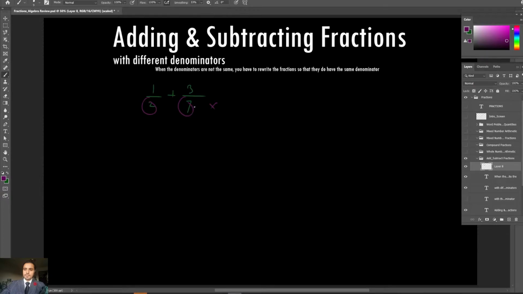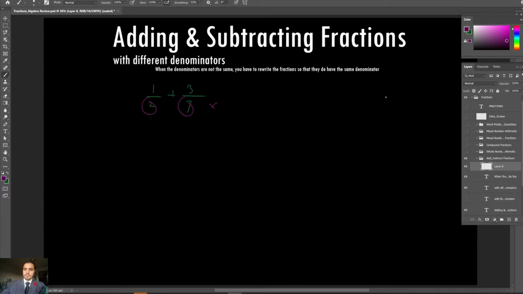The way to do that, there's a method that's very, very helpful. It's finding the least common multiple. What's the number that both of them can be multiplied with that is common between them?